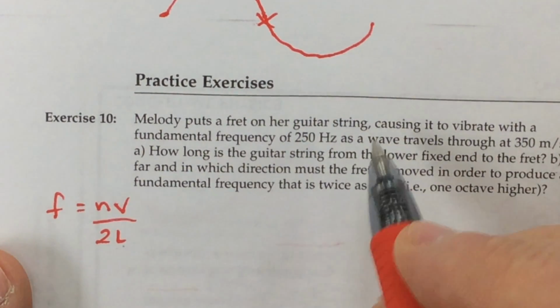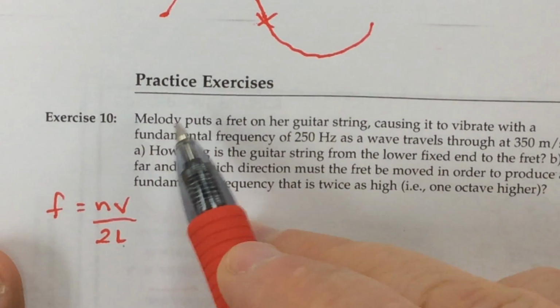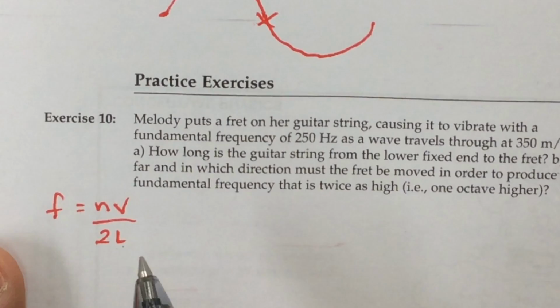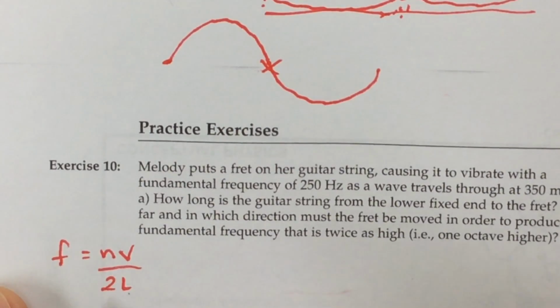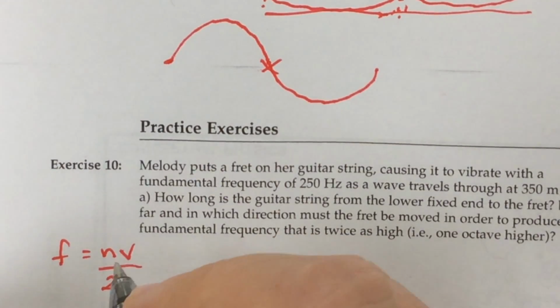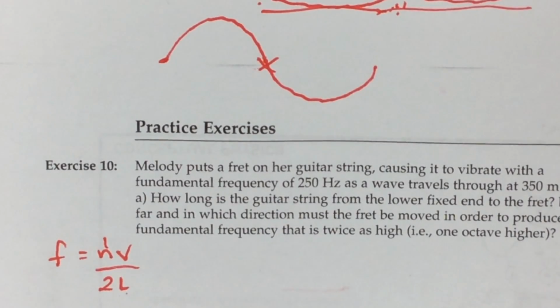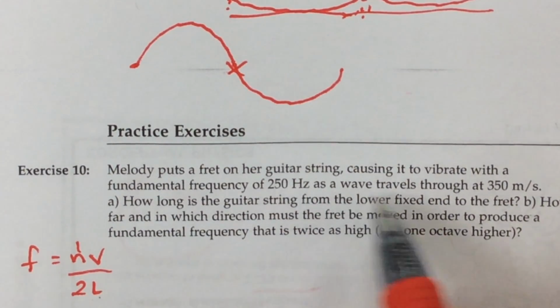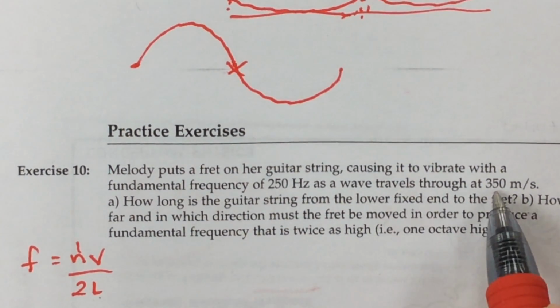Melody puts a fret on her guitar string, causing it to vibrate with a fundamental frequency of 250 Hertz. A fundamental frequency is the first harmonic. The wave travels at 350 meters per second.